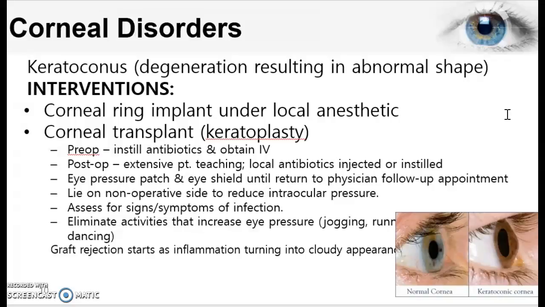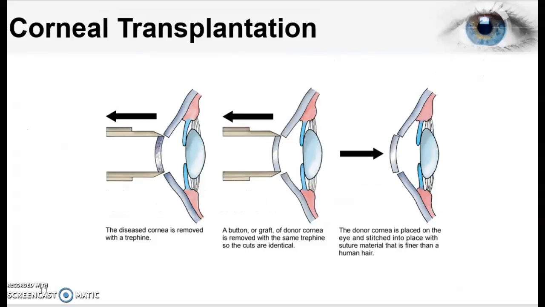Of course, you're going to assess for signs and symptoms of infection, any kind of hemorrhaging, and graft rejection, which is what's going to happen when they do the transplant if it's not going to take. That will start with a lot of inflammation and a cloudy appearance, so patients are taught to really watch for that. And this is just a little picture that shows a little bit about the corneal transplantation.